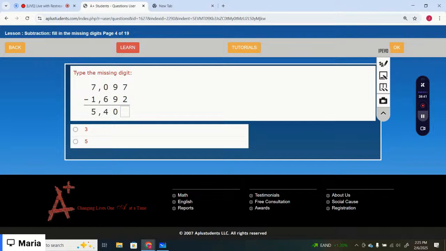Type the missing number, so which is the correct option? Seven take away 2 is 5, so the missing number is 5. Option number 2 is the correct option.